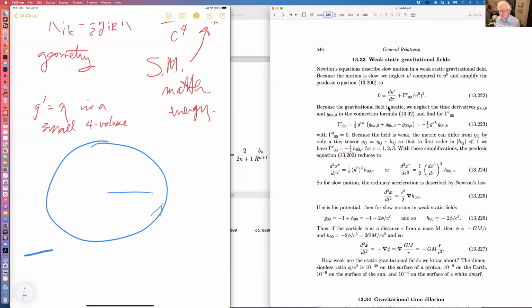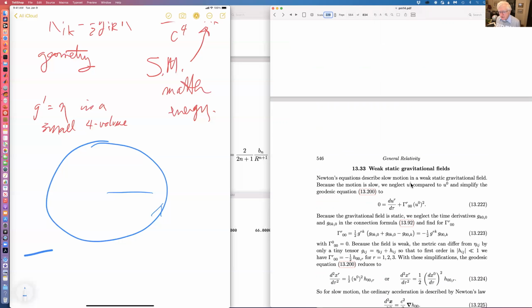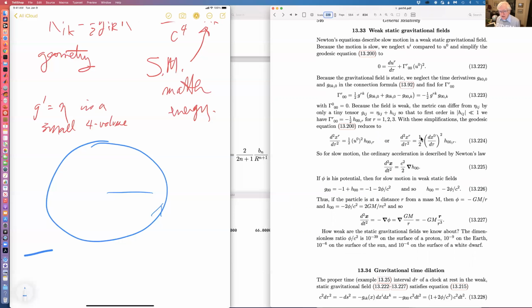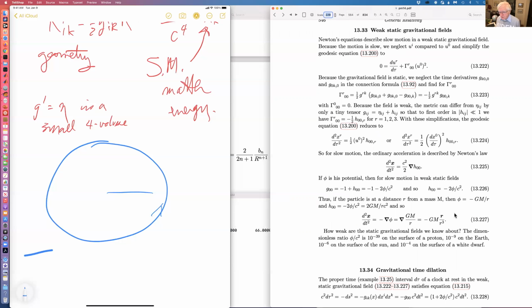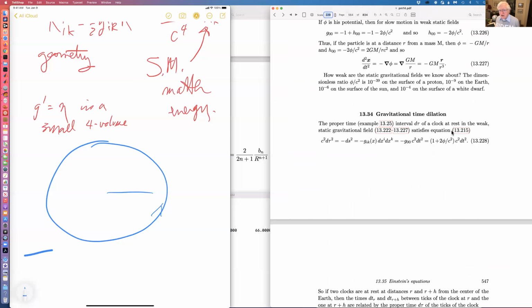So if you go to a weak gravitational field, you neglect the velocity compared to this, which after all is the momentum divided by the mass, so this is the energy divided by the mass. If you neglect this compared to that, then you get this equation. And what you find eventually is you get Newton's equations for slow motion in weak static fields.